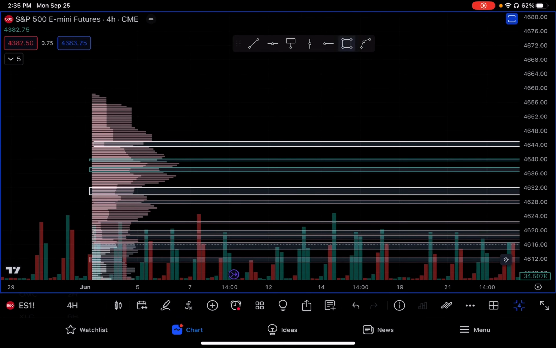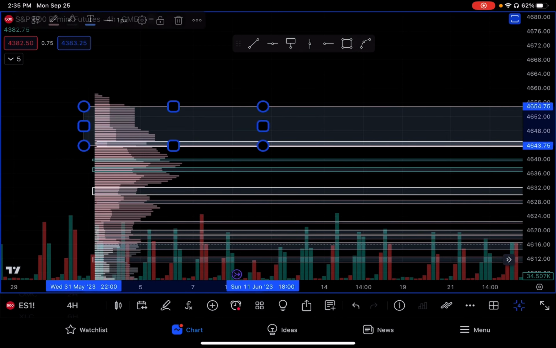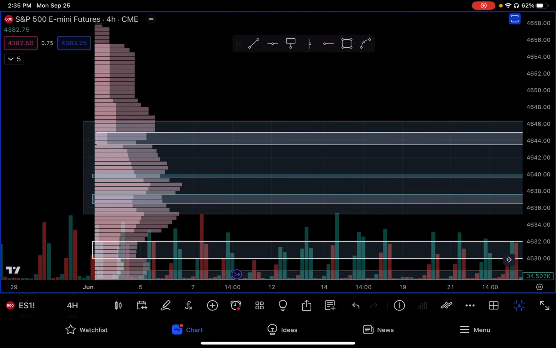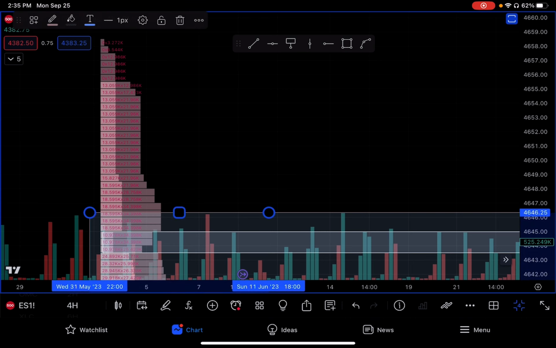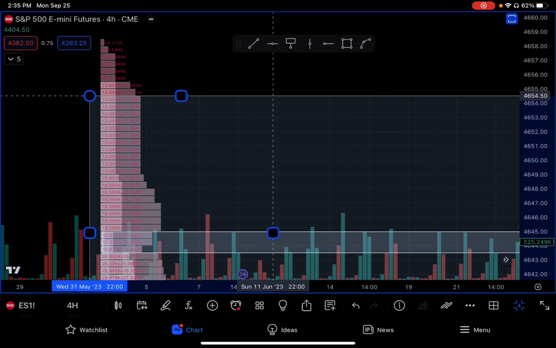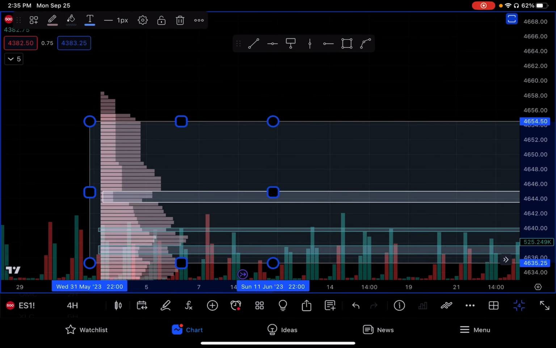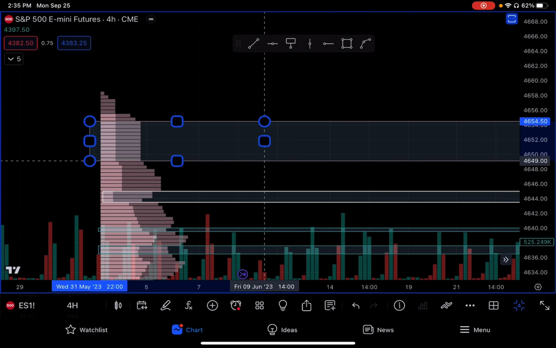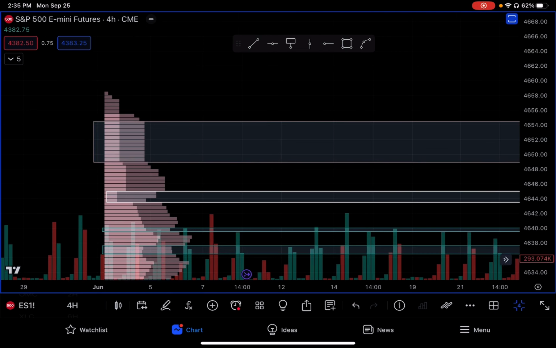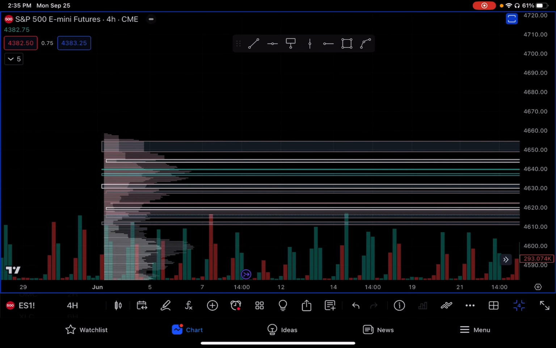I'm going to put one more minor one on top where that lower volume part is. Okay. And we'll save and then we'll go back and look.